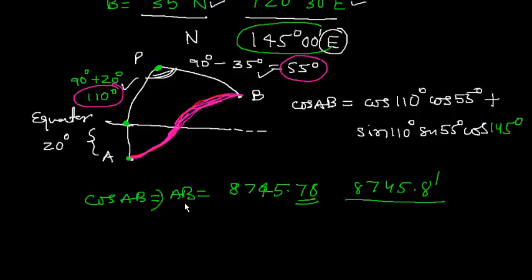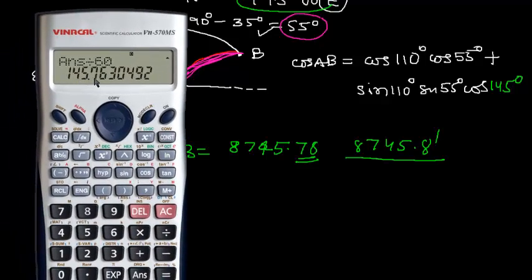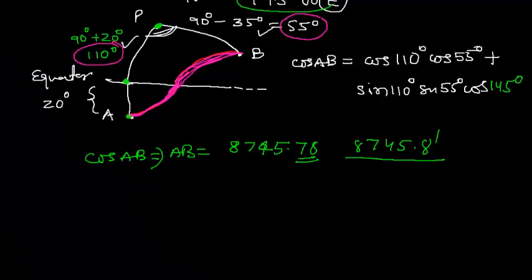That is the distance I get as AB. Now this distance AB in degrees is 145.763. We'll take that. So let me just put here 145.763. After multiplying, I have already calculated this distance, but now let me write this value in degrees.